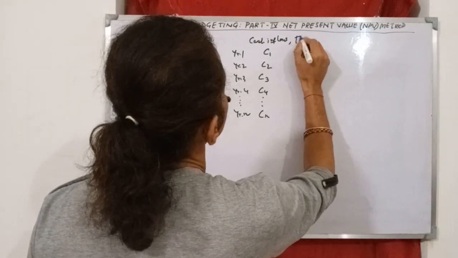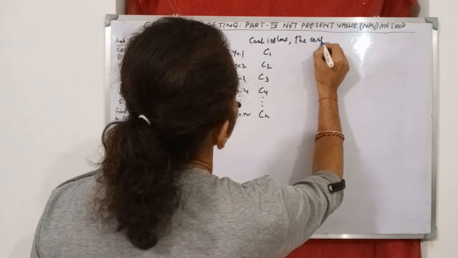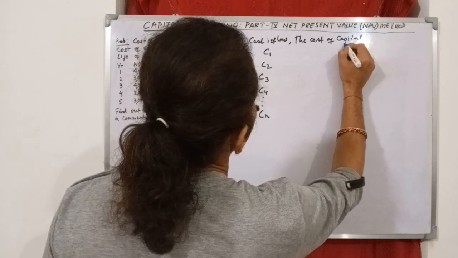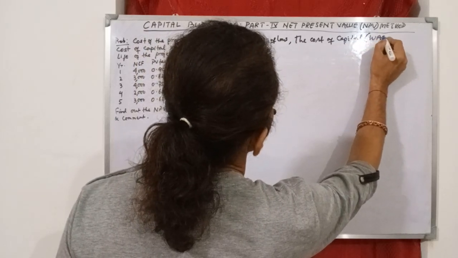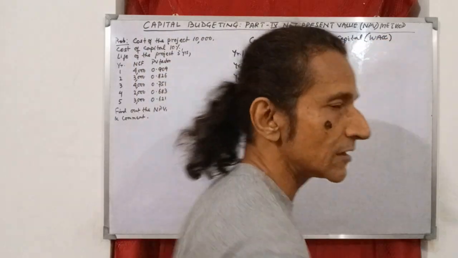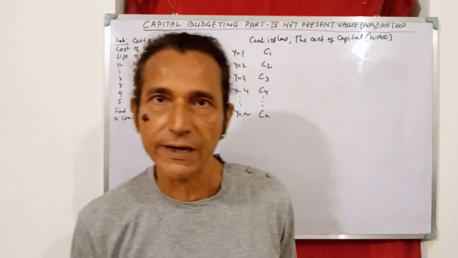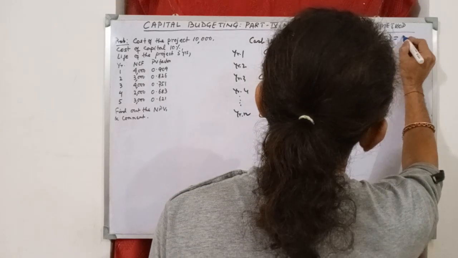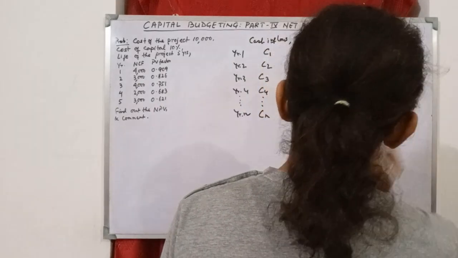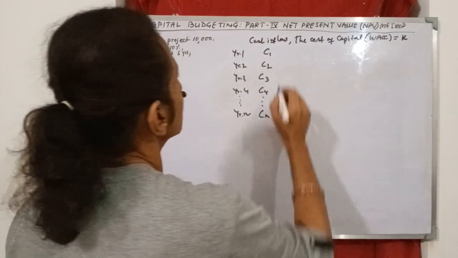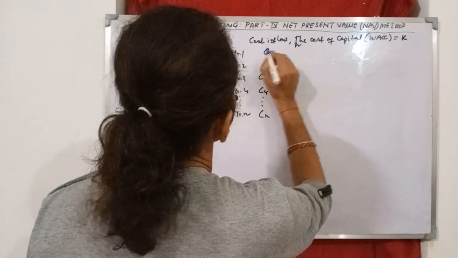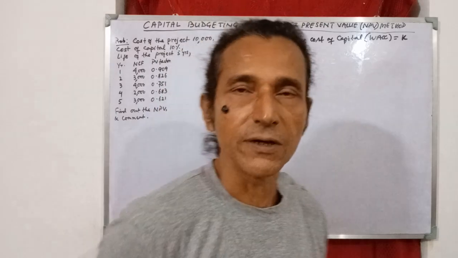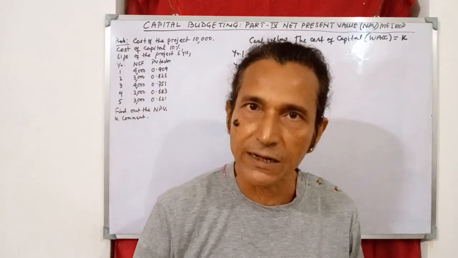The cost of capital, that is the weighted average cost of capital, WACC, that includes both cost of equity and cost of debt, is equal to K. Cost of capital is K. Then the present value of C1, that is the cash inflow in year 1, at the end of year 1.